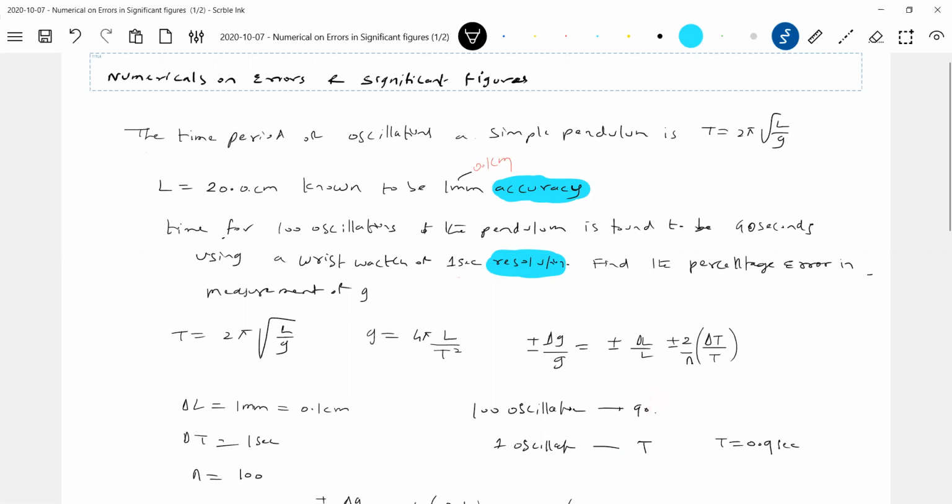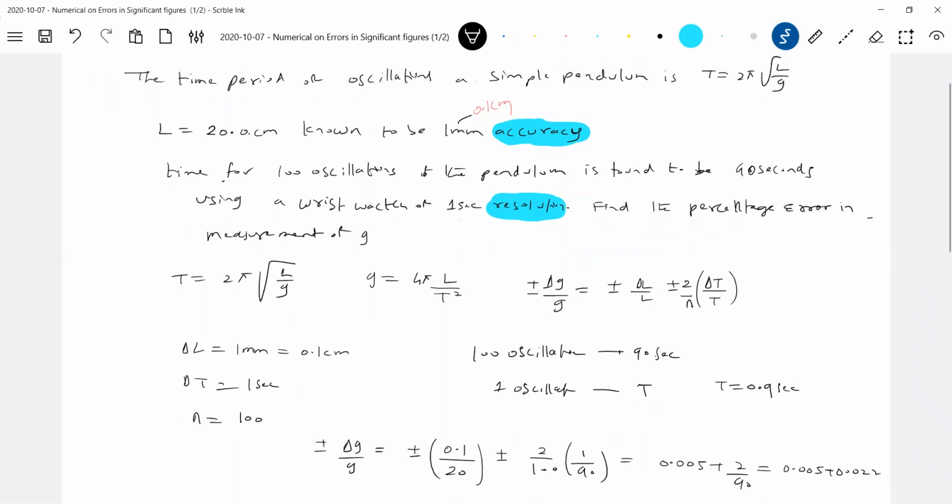Okay, sir, 4 pi square. Now, where has pi square gone? Anybody answer? It's a constant, no? When you differentiate, the derivative of a constant will be 0. So this particular term will not change.